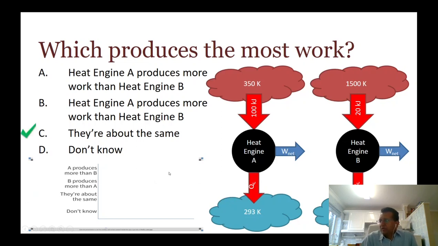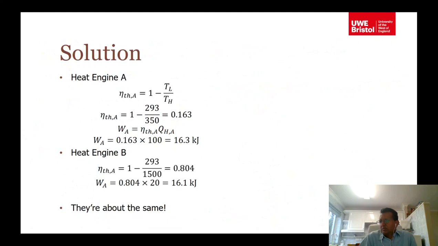You will see that they give you a similar amount of work, but the efficiencies are not the same. One has an efficiency of 0.8, the other has an efficiency of 0.13.